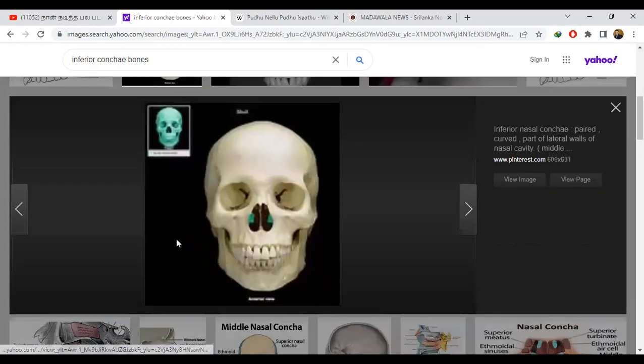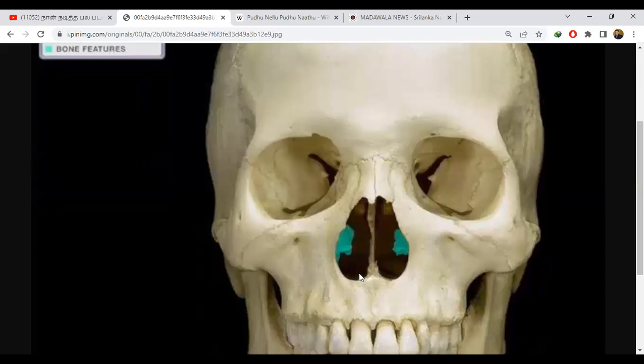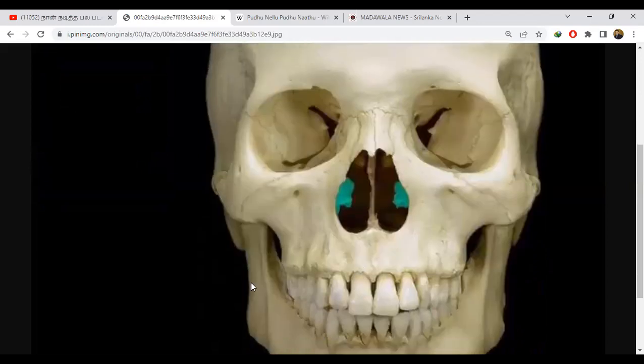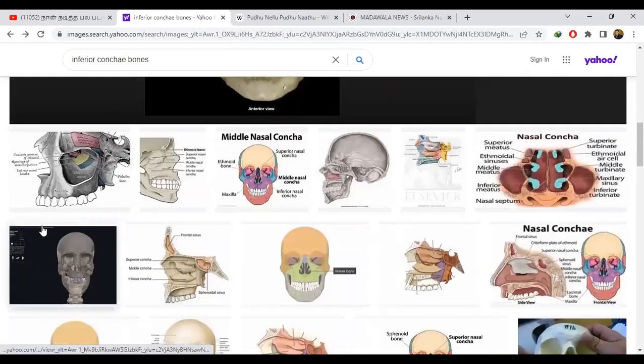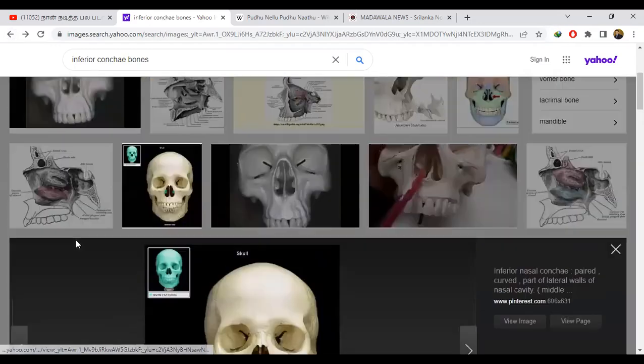When they highlight and show you like this, you can see it. Understood? But when you take a real skull, it is a little challenging to see that bone.